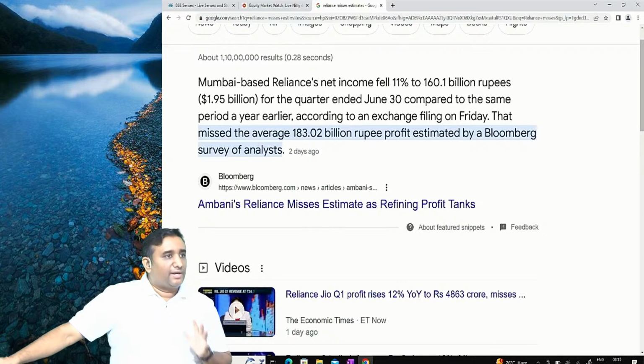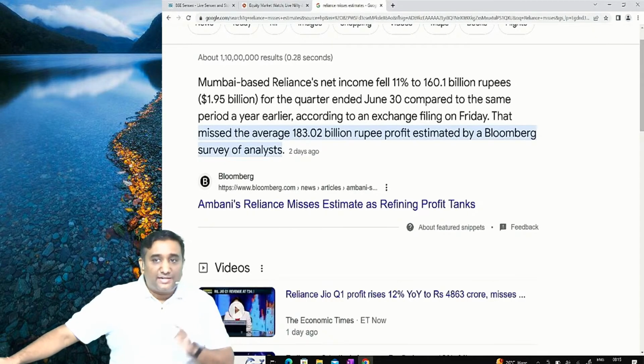Your expression will be very bad because your expectation was 85. Now let's suppose you go for the exam and you said, sir, 42 marks will come only. By chance 47 comes. Now 47 is not good, but you'll still be happy. Expectation was 42. That is exactly the expression of the market.